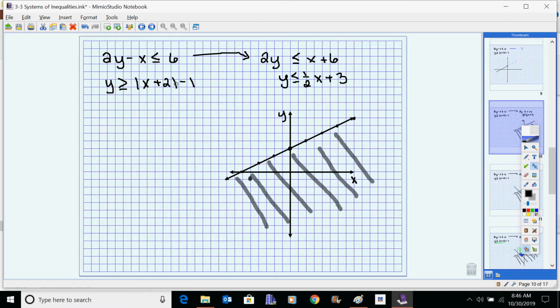Then we have this one, our absolute value. Do you remember from the last chapter how the absolute values work? Where's the vertex for this one? -2, -1. Good. So -2, -1, right down here.